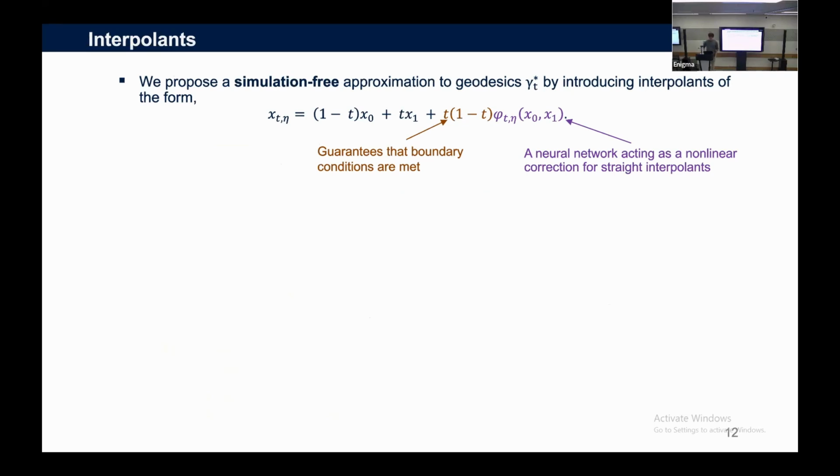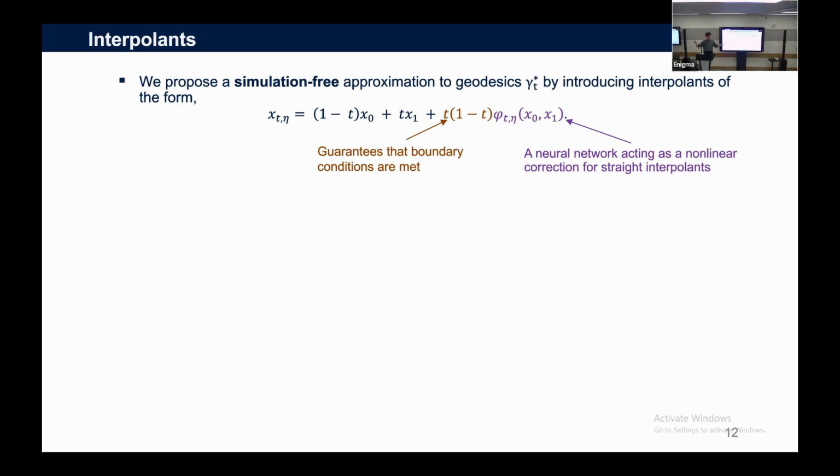The way we do it is that you give me two boundary conditions, x0 and x1. Say x0 is a cell observed at time t, and x1 is a cell observed at time t plus k. Now you consider, first of all, the linear path, the convex interpolation, and then you add a nonlinear correction. The nonlinear correction has a term t times (1 minus t), which guarantees that you recover the boundary conditions, because of course you want to recover the marginals.